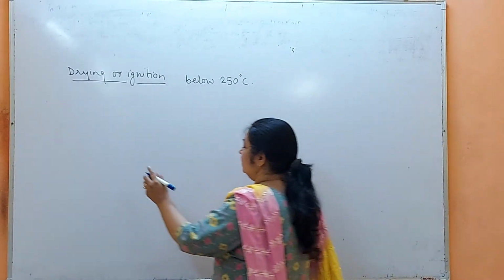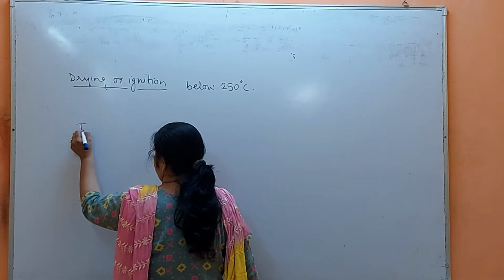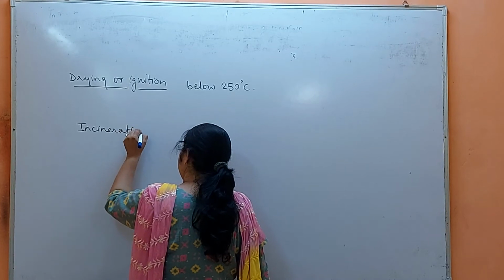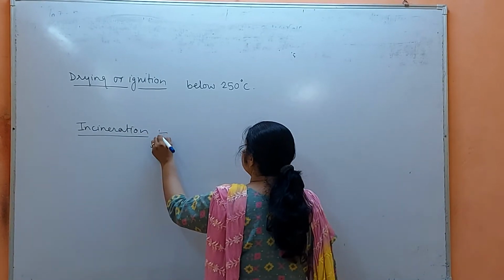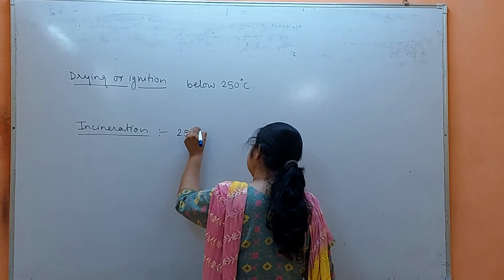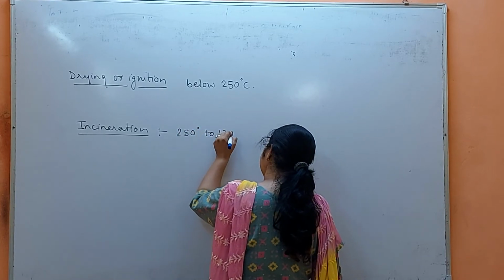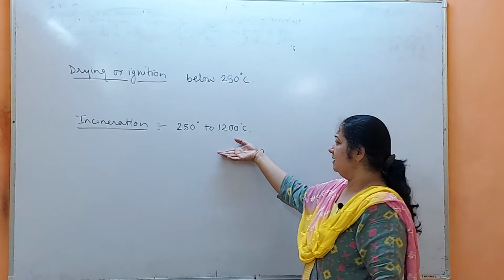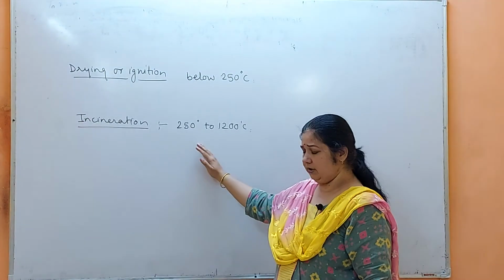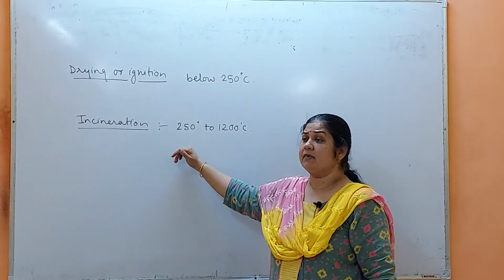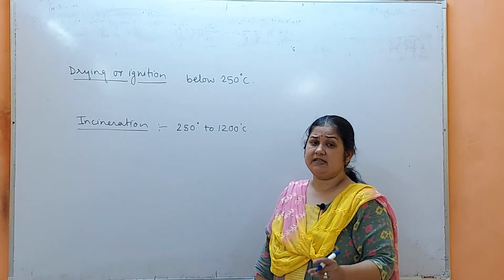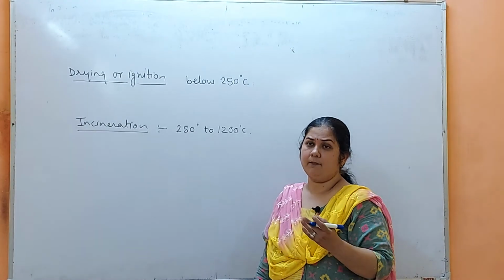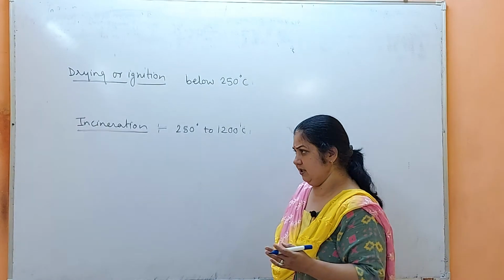Now see, incineration is also a process. Here the precipitate is heated from 250 degrees Celsius to say 1200, generally done in a muffle furnace. Why is this done? Not only to remove water, but also to convert the precipitate into some known precipitate or compound of known composition.